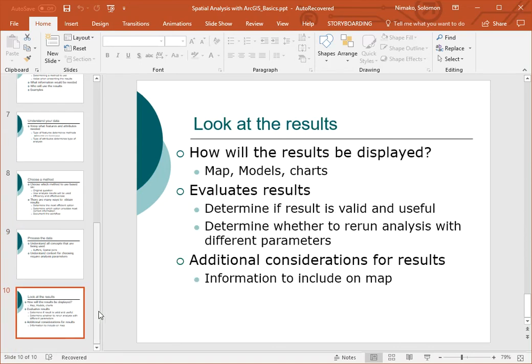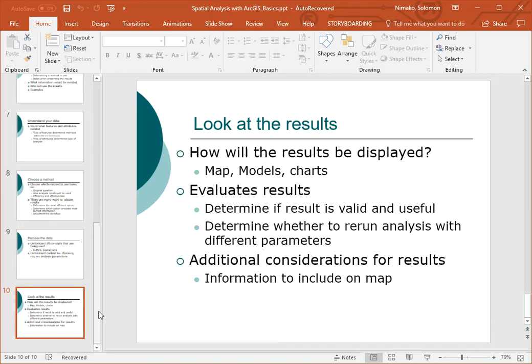And then obviously you have to look at your result. This is very, very critical. It's either in the form of a map or models or charts, but you have to step back. You have to get opinions of other people, other GIS people, or even field expertise, to see what you've done, whether it makes sense or something is off.